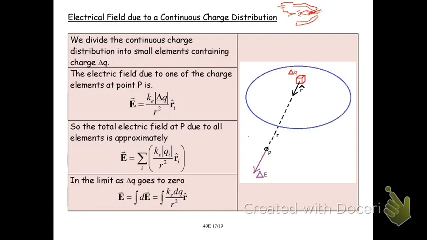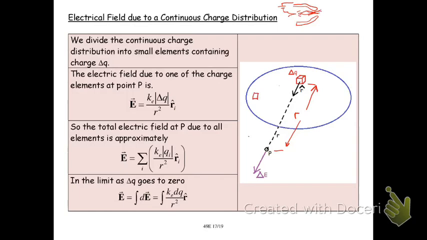I'm going to tell you, let me just stop for a second. So if we have a situation where we have a cloud of charge, and who cares what the shape is, but we're going to divide that cloud, which is millions of individual charges, into chunks. And each chunk is going to be a little bit of a cube. And for each one of those, if you think about it, we have a different r, and we have a different unit vector.